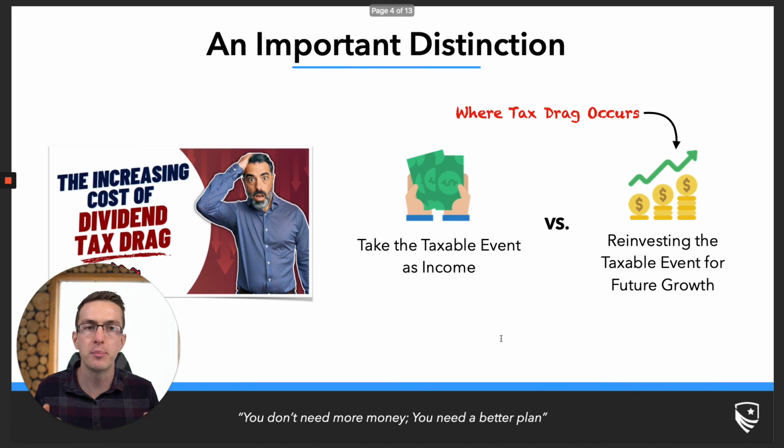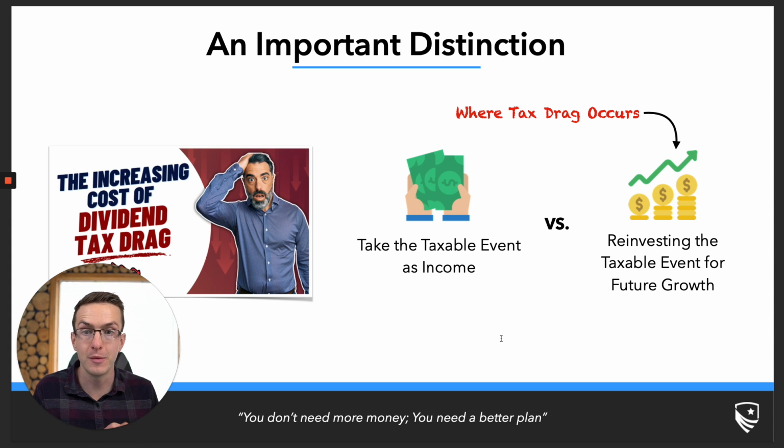Now, there is a very important distinction here that I want to make sure that we make. We previously recorded a video talking about dividend tax drag, and whether it's a turnover of your account, whether it's dividends within your account, both of those are taxable events that lead to a given tax drag. Now, the very important distinction here is if we're taking that taxable event as income, there isn't a tax drag. Tax drag only comes from when we're reinvesting that taxable account.